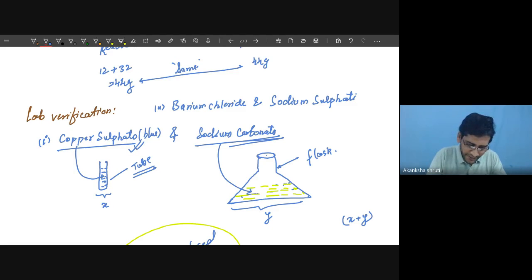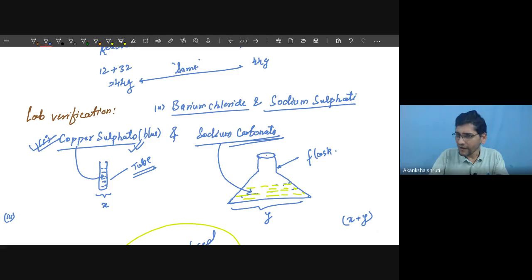The other person may take another pair, let me write down the third one here. Either you take the first pair only, as I have explained, sodium carbonate and copper sulfate, or you may take the second pair, say barium chloride and sodium sulfate. Why this pair?